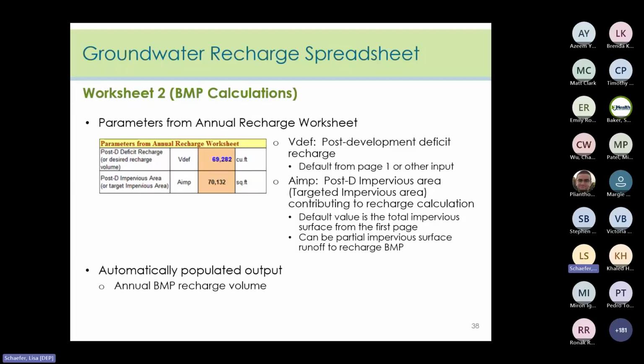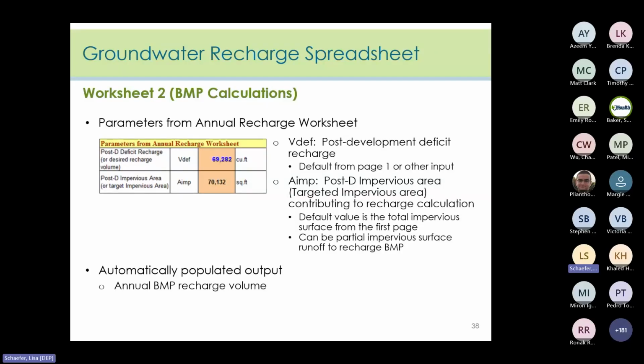AIMP, which is the post-development impervious area or targeted impervious area, is the size of the impervious surface that contributes the runoff into the BMP. In some situations, not all impervious surface will contribute to a specific BMP. Like you might have the runoff from a part of an impervious surface directed to a wet pond, and that doesn't provide recharge. In another situation, you'll have more than one BMP, maybe two infiltration basins in two locations that have different soils.